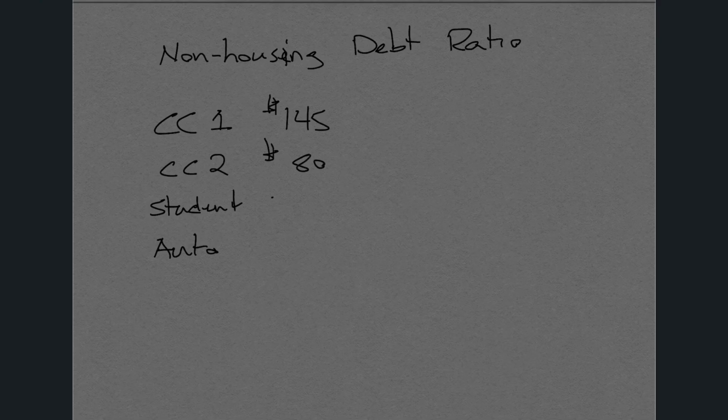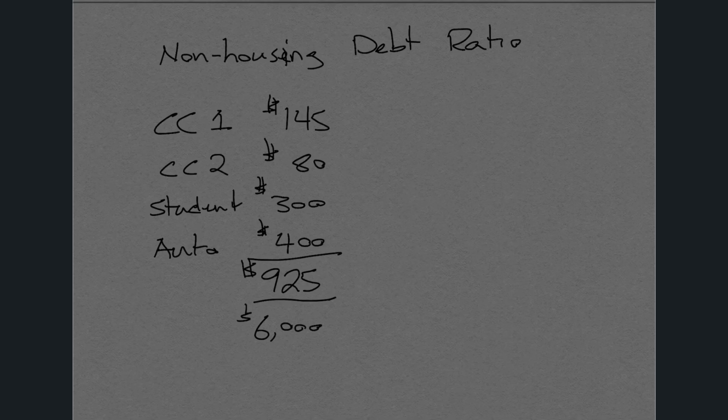Student loan at $300 and auto loan at $400. So add up all of these together and we have $925 per month. Divided by the same $6,000 income gives us 0.154, which is 15.4%.